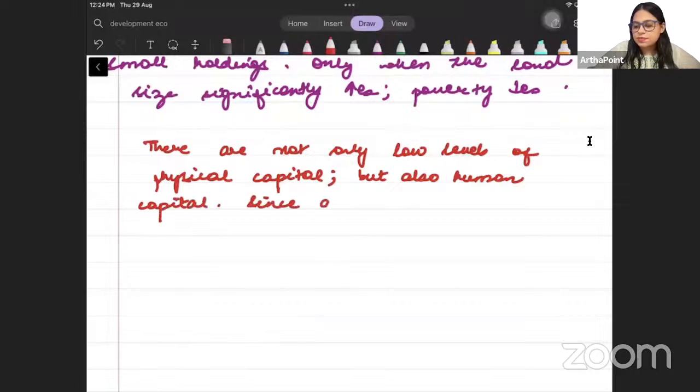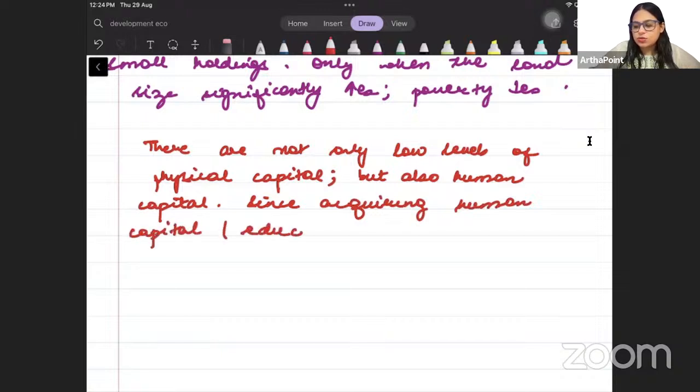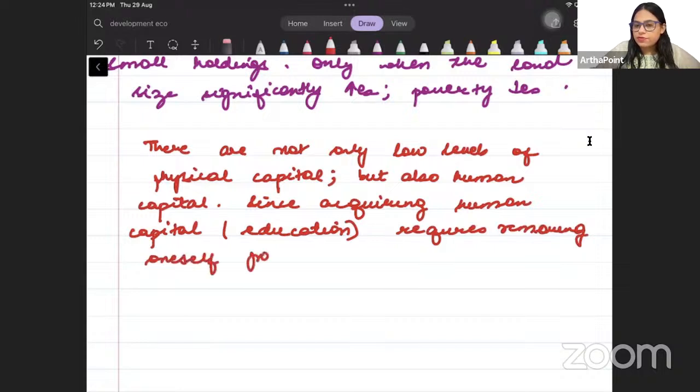Since acquiring human capital is nothing but education, it requires removing oneself from the labor force for a certain period.